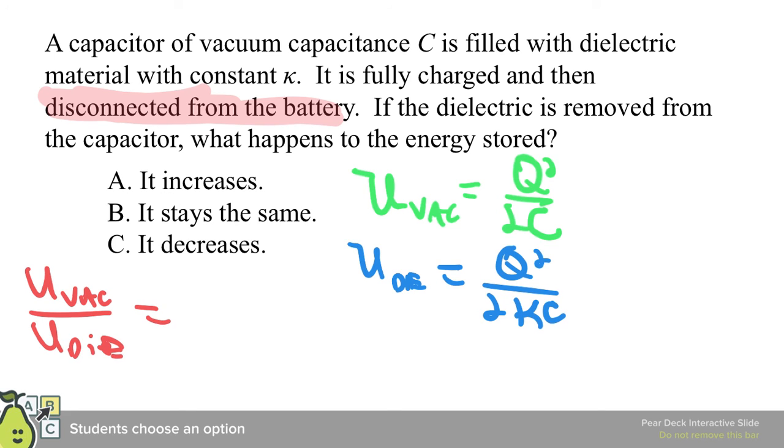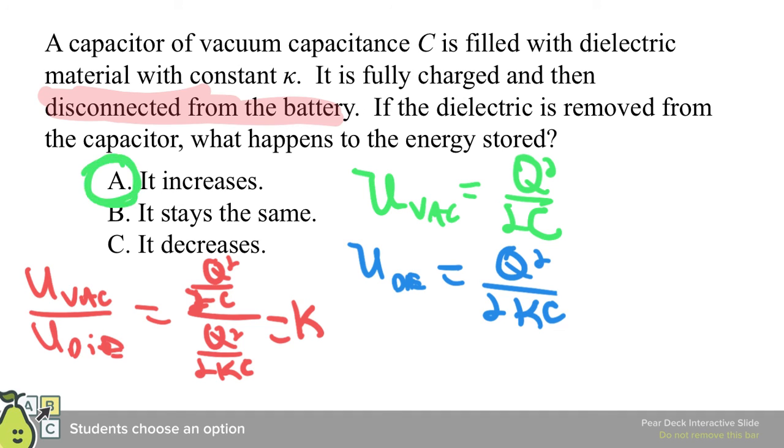So we can see, well, the Q's are constant. That's why I picked that form. We know the Q can't change because we're disconnected from the battery. So we'll have Q squared over 2C over Q squared over 2 kappa C. And with all the machinations that go on there, we end up with just kappa. So the vacuum has more energy than the dielectric-filled one.